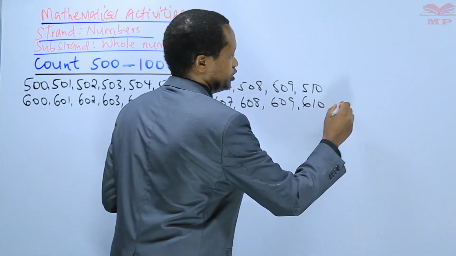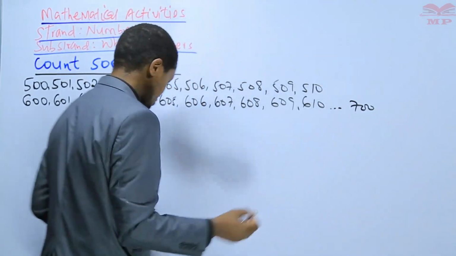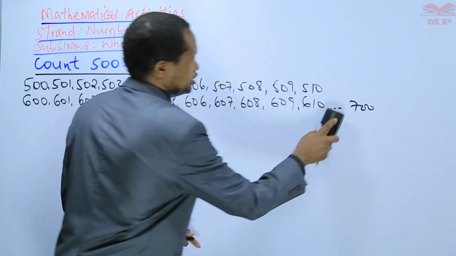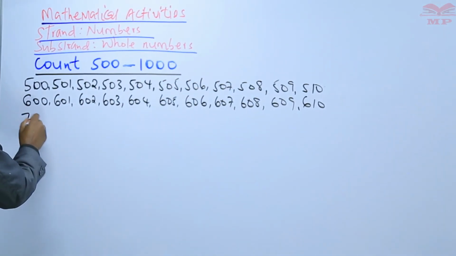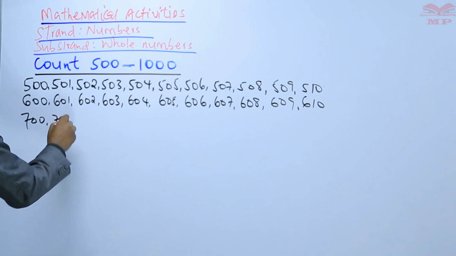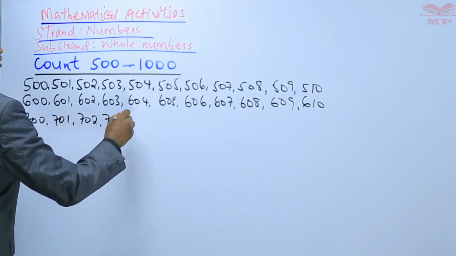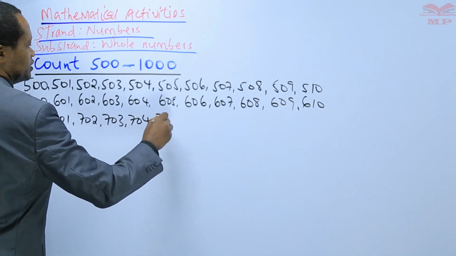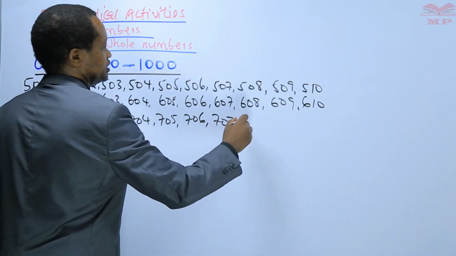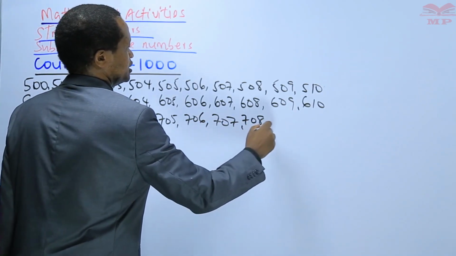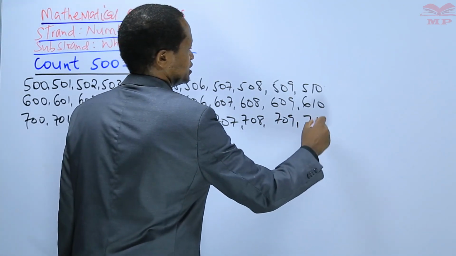We go on up to say 700. So learners, I'll come here and continue from 700, learners, 701, 702, 703, 704, 705, 706, 707, 708, 709, 710.